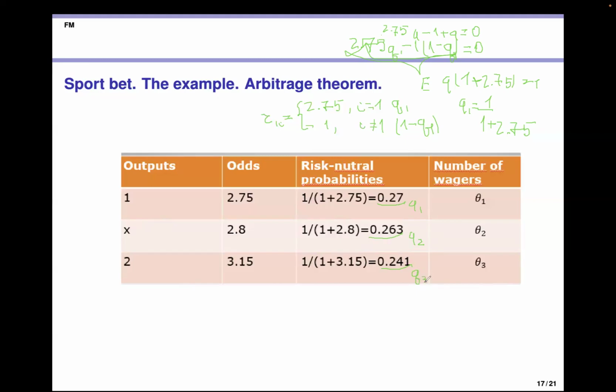Okay. So according to the arbitrage theorem, we need to check whether this sum equals 1 or not.